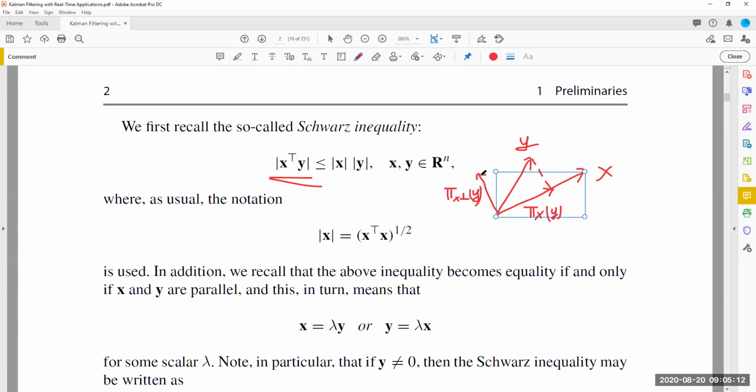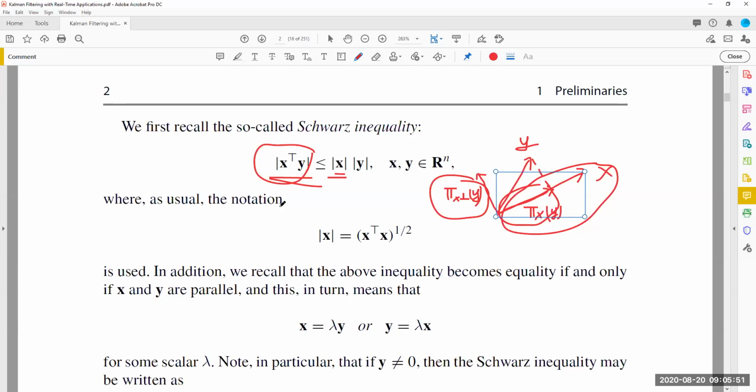By inner product, we know this vector times x is 0. So the inner product x transpose y is only this vector times the vector x, the size of this vector times the size of that vector. Of course, it's less than the size of x times the size of y. This is the geometric interpretation of the Schwarz inequality.